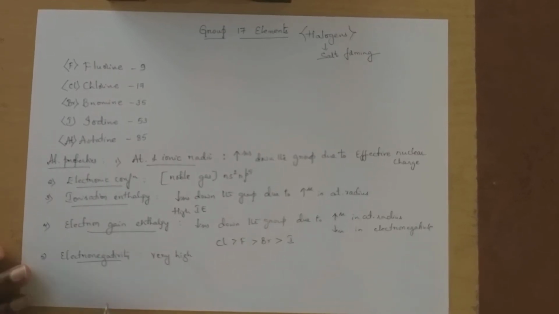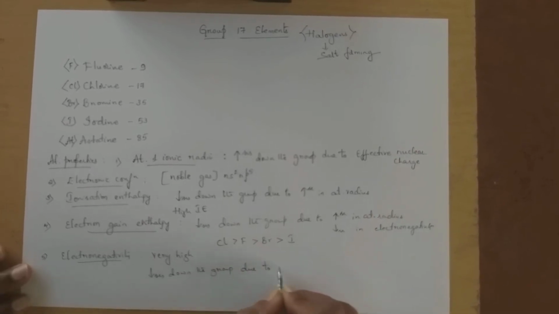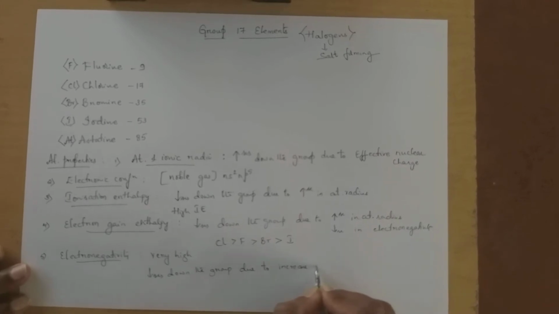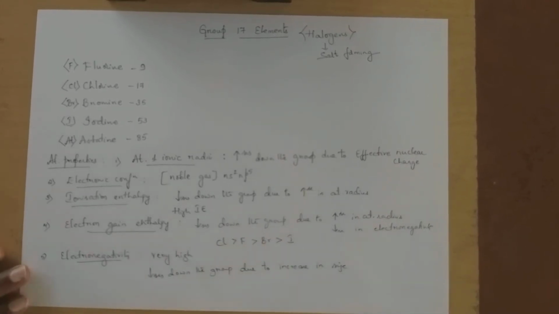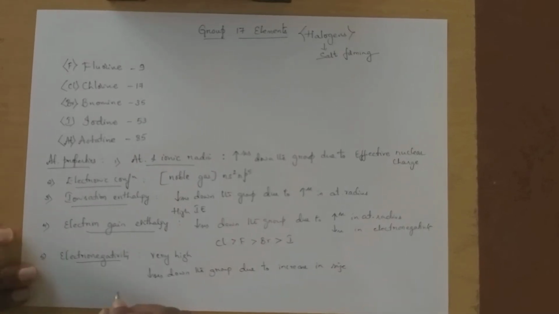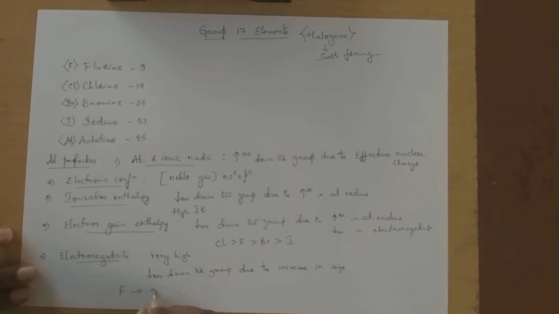Here the electronegativity decreases down the group, due to the increase in size. So fluorine is the most electronegative element in the periodic table.